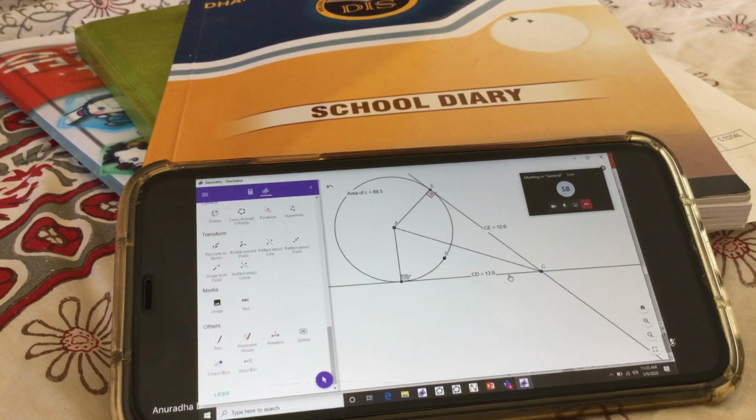That also can be checked. We can keep this as some variable and this as some other variable. As you move it, the variables will take different values, but the sum remains the same, equal to 180 degrees. As children interact with this GeoGebra board and learn, so many concepts become clearer to them as they are discovering it themselves.